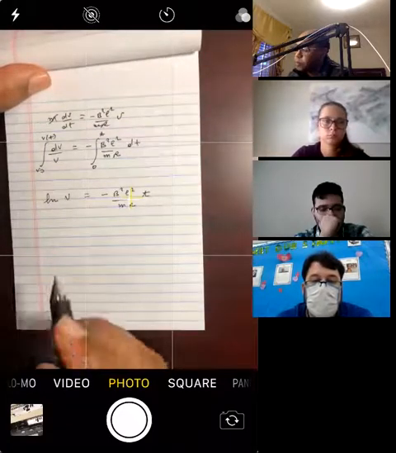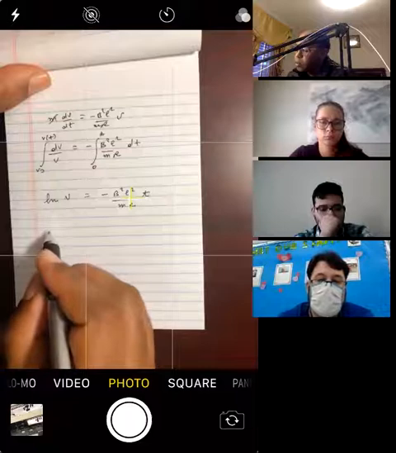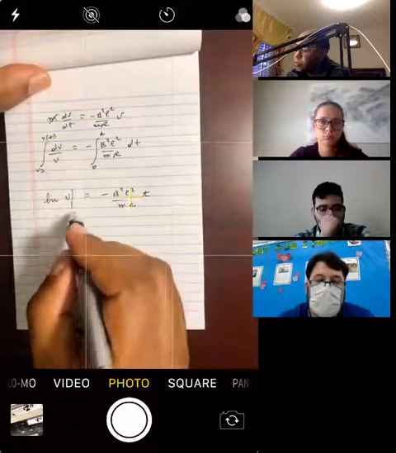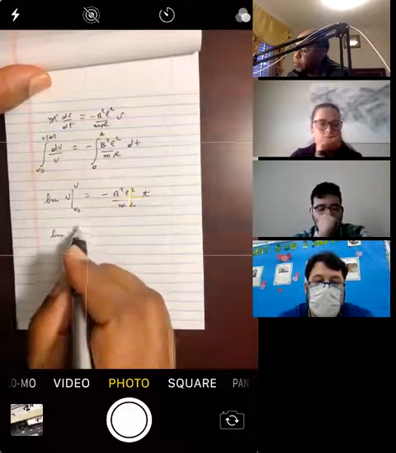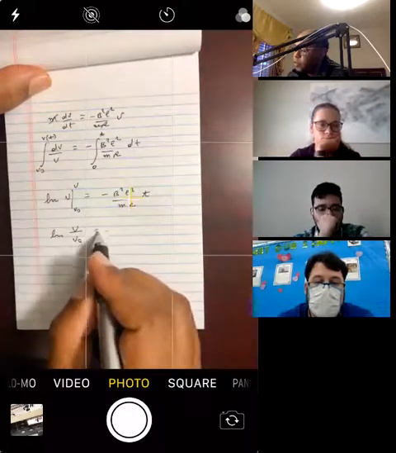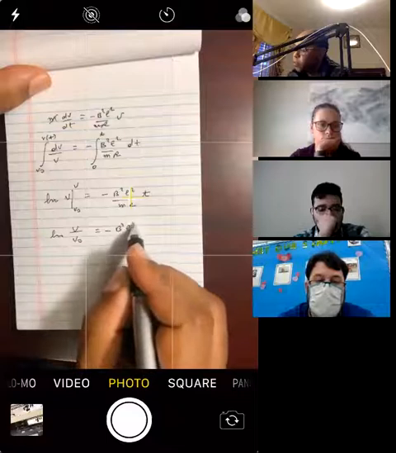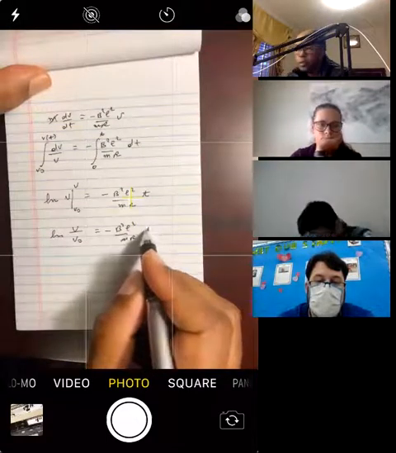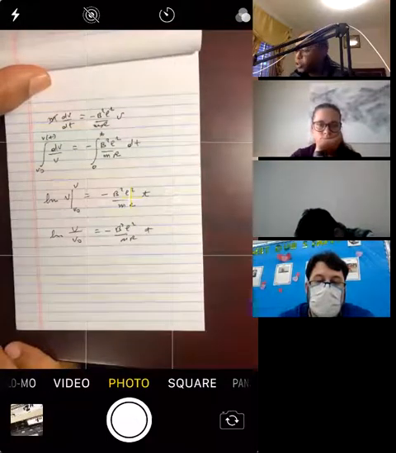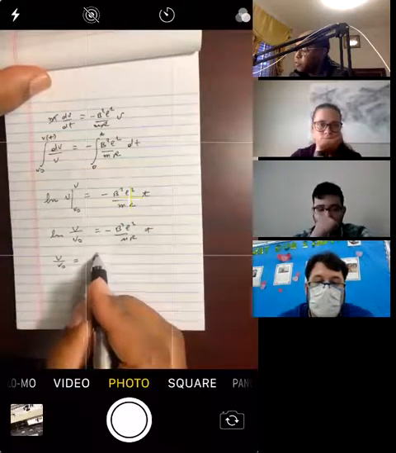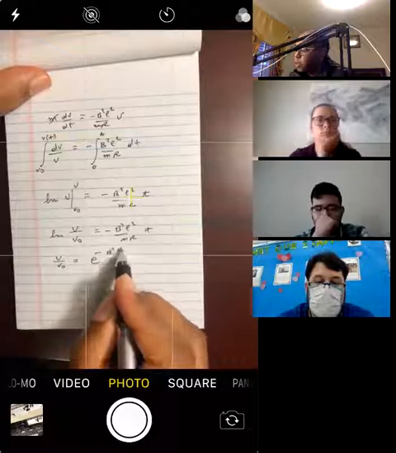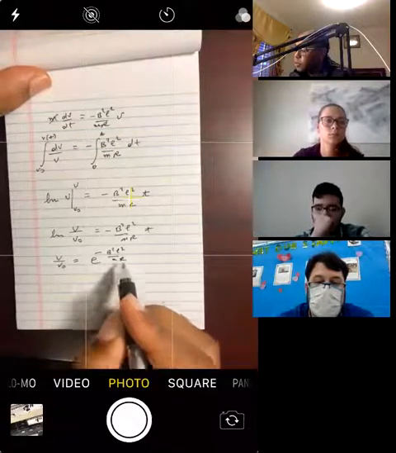And then what's the speed? Well, let's do this first from v naught to v. It's going to be ln v over v naught, right? We've got negative B squared L squared over mR times t. And then we change it to an exponential. We get v over v naught equals e to the power of negative B squared L squared over mR times t, okay?